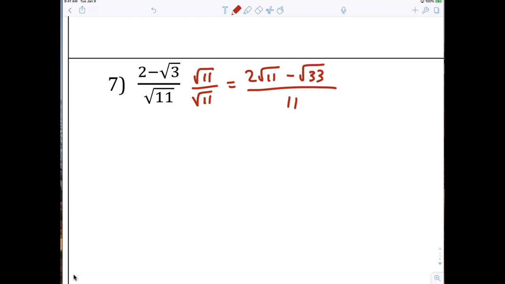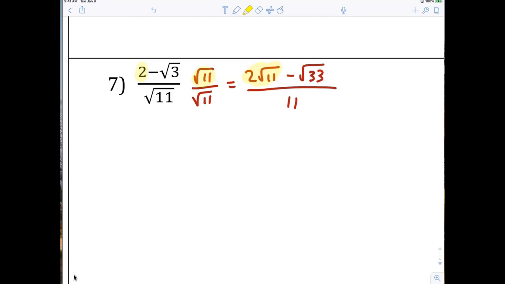Go ahead. So why wouldn't it be 2 radical 33 minus radical 33 over 11? How do you get this to be a 33?